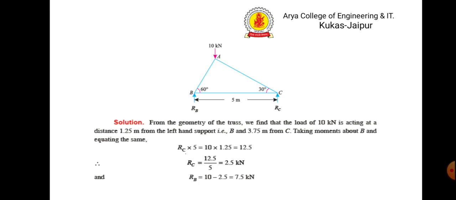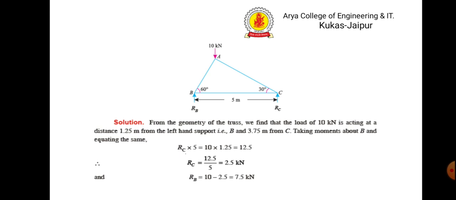Then we apply summation of Fy equals 0. So RB plus RC, both upward forces, equals 10, which is a downward force. So from that, RB is 7.5 kilonewton. Now we have to select the joint.